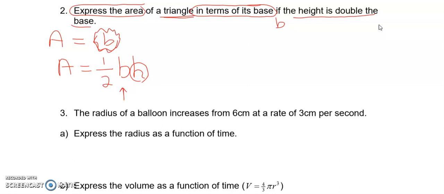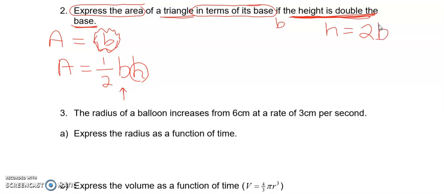And I'm thinking, everybody, that this last part of the statement, the height is double the base, that's your key right there. The height, think of that as H, is, there's your equal sign, double the base, and double means you multiply by 2, so 2b.